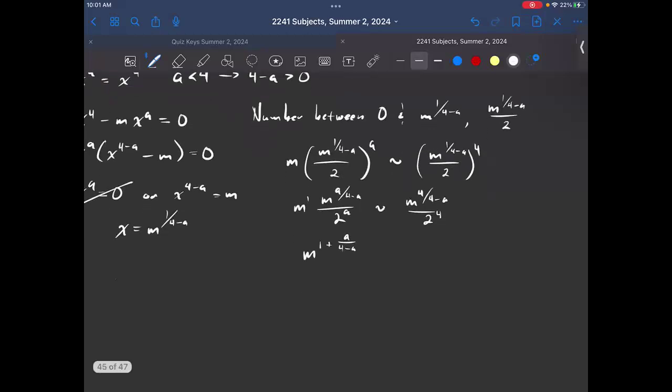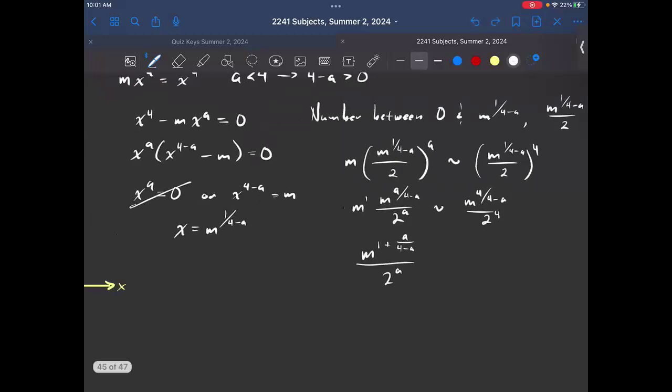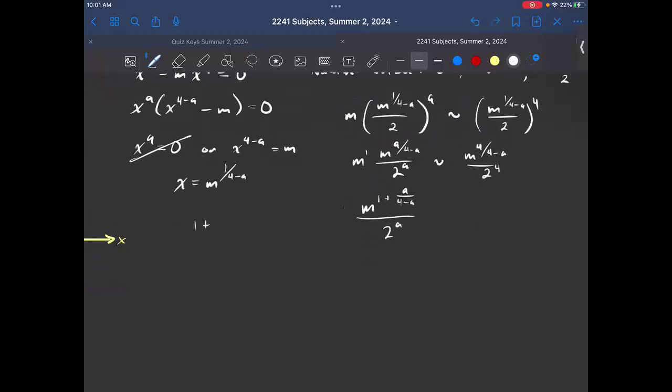And so now I want to work on that expression in the exponent. So 1 plus a over 4 minus a. If I add these together, I get 4 minus a plus a over 4 minus a. This is equal to 4 over 4 minus a.